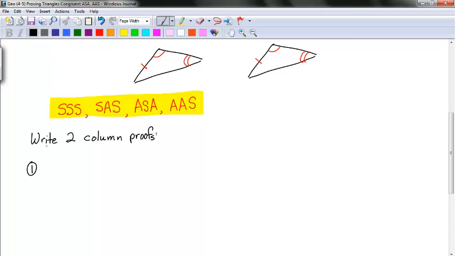Okay, first example. Say you're given L is the midpoint of segment WE. Make sure you put the bar above it, and WR, that segment is parallel to segment ED.